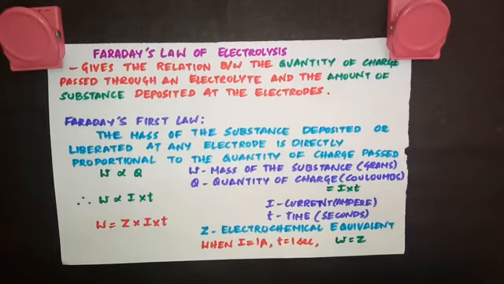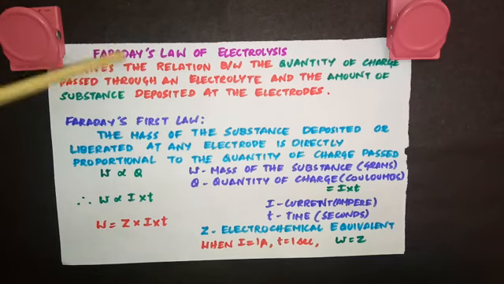Just now we have seen the products of electrolysis. We said some amount of substance is deposited at the anode or at the cathode. Now we are going to see the relationship between the quantity of charge passed through an electrolyte and the amount of substance deposited at the electrodes. That relationship is given by a law called Faraday's law of electrolysis.